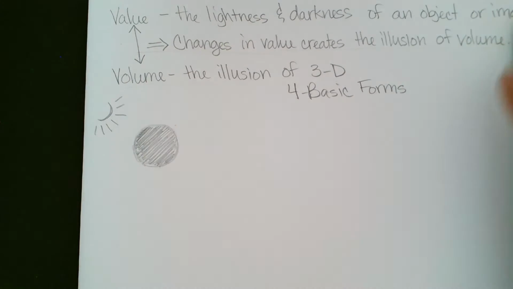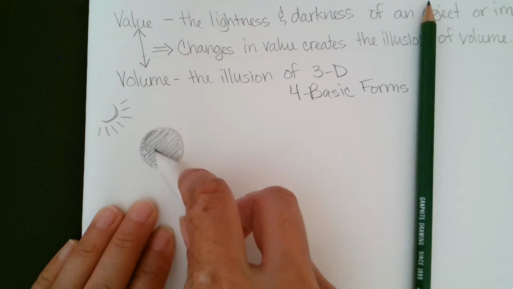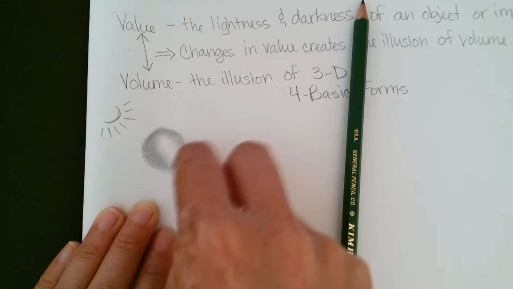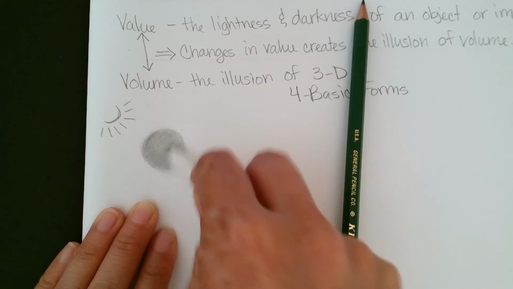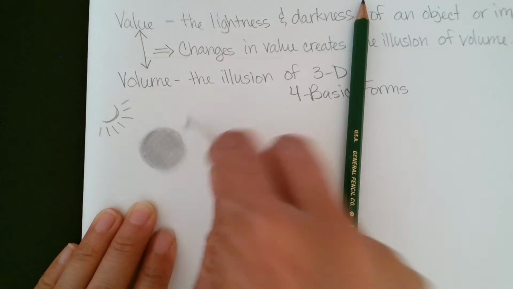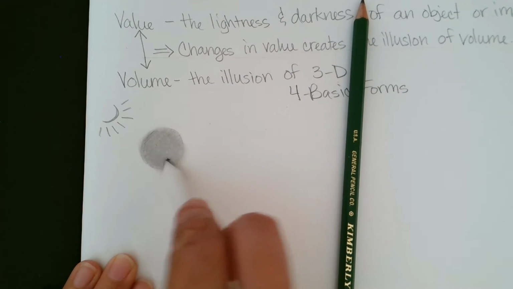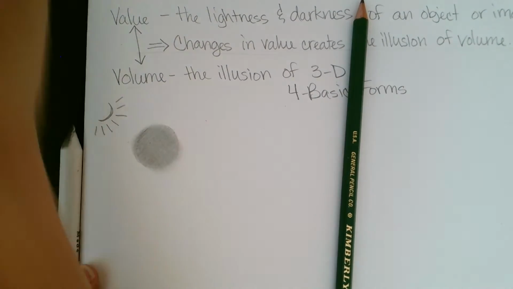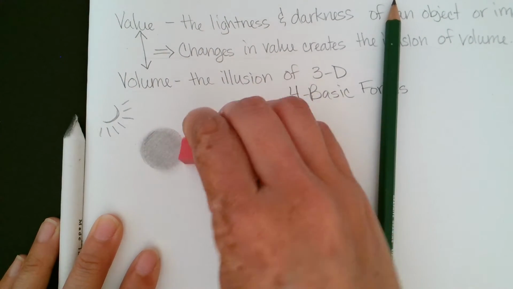Let's get my blending stump. So whether the circle is all white or all gray, it is still just a circle. It's 2-dimensional. It's a shape. Let me get this eraser and clean up the edges.